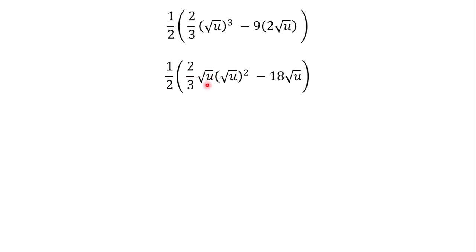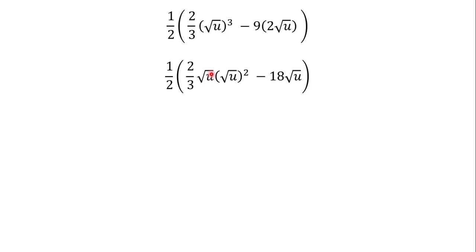Here you can see that square root of u raised to the power 3 has been written as square root of u into bracket square root of u raised to the power 2. Remember from the workings that we did, if you apply that rule, you can see that is the same thing here.